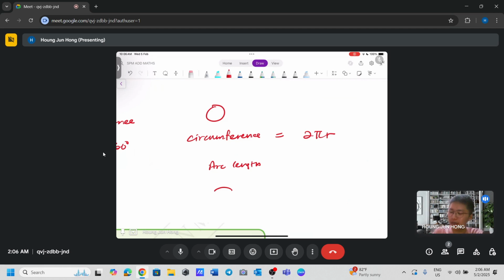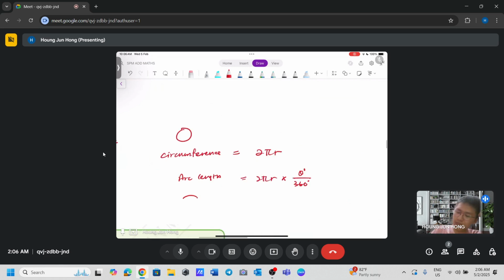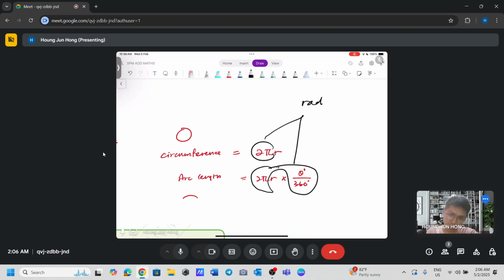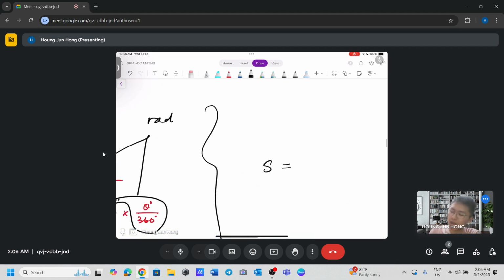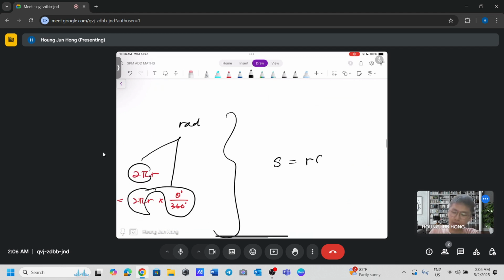So with that, we would typically multiply by angle over 360 degrees. And actually, we realize this whole thing is basically the definition of radian. So why don't we simplify everything? We just say S equals r theta, where theta is in radian.